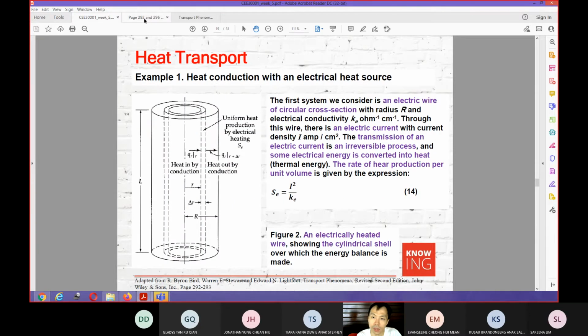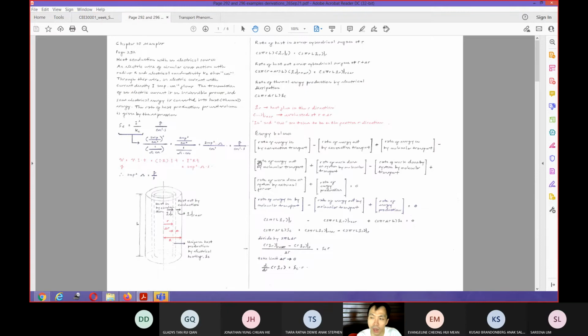So now, the first example that we will discuss is already given on your Canvas, and this example is called heat conduction with an electrical source. So you imagine that there is an electric wire of circular cross section with radius r, from the center line to the outer surface of this cable, we define it as r.